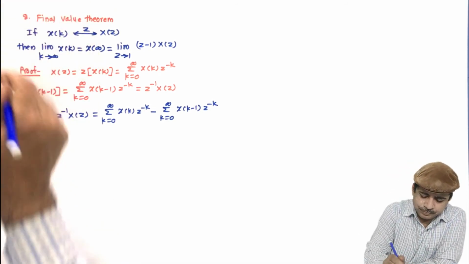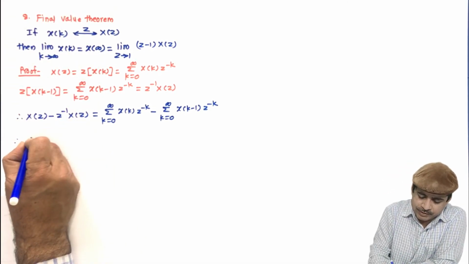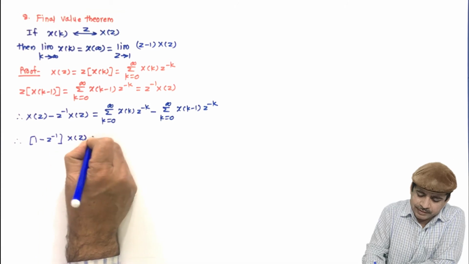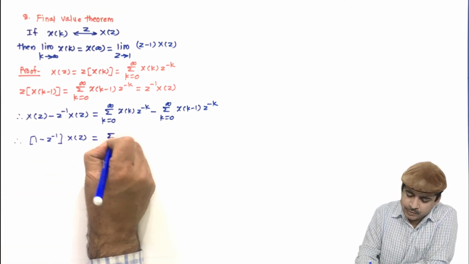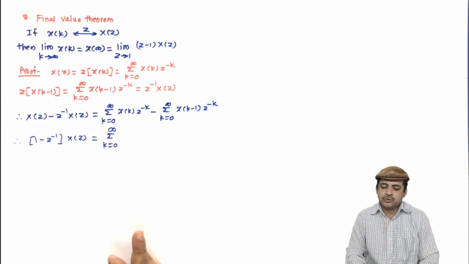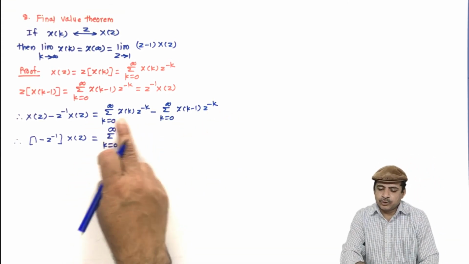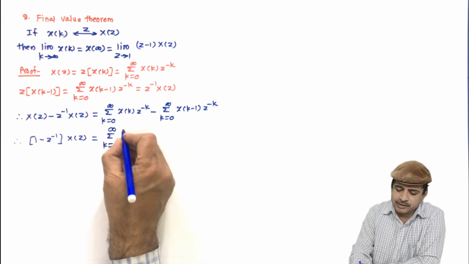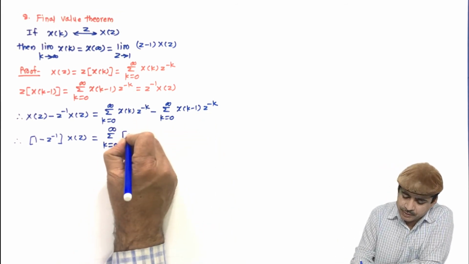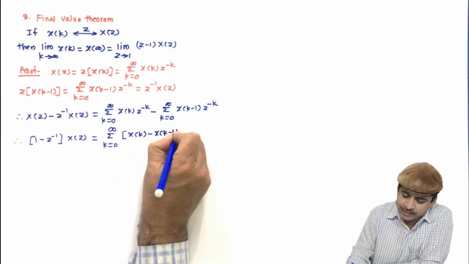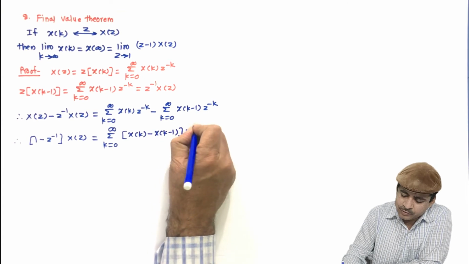And so I will take x of z common from this. So 1 minus z raised to minus 1 into x of z is equal to summation k equal to 0 to infinity. If you look at these two series, both have the same limit, both have the same factor of multiplication z raised to minus k. So I can do it like this: x of k minus x of k minus 1 times z raised to minus k.